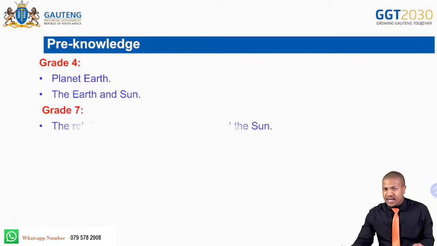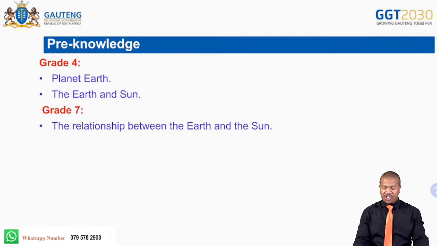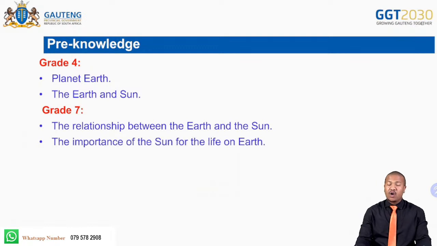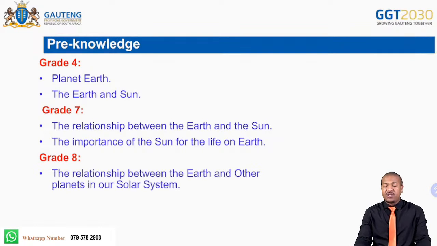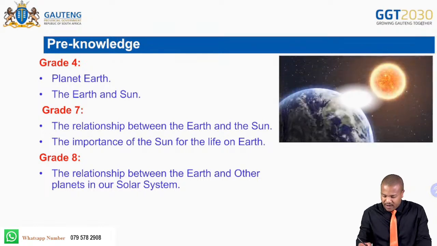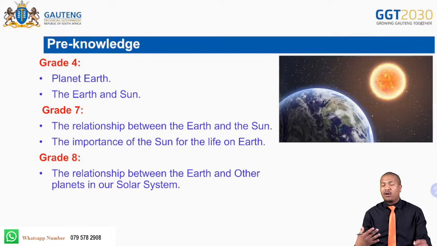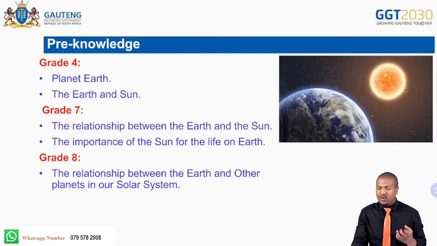Then later on in grade 7, we talked about the relationship between the Earth and the Sun, and the importance of the Sun for life on Earth. Then in grade 8, we talked about the relationship between the Earth and other planets in our solar system. We have a picture here just to remind you of these lessons that we have discussed in the prior grades.